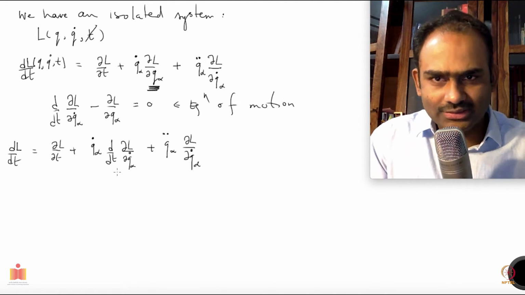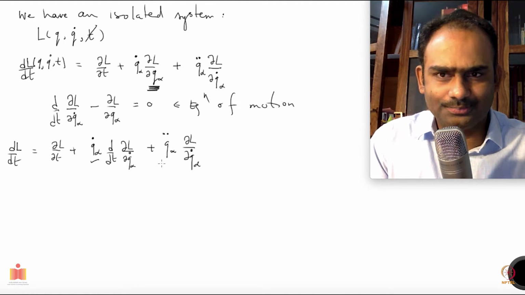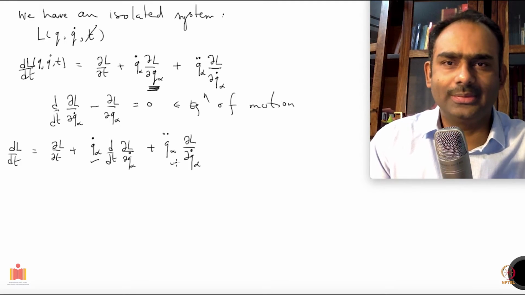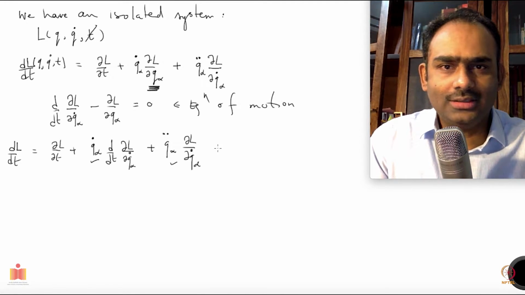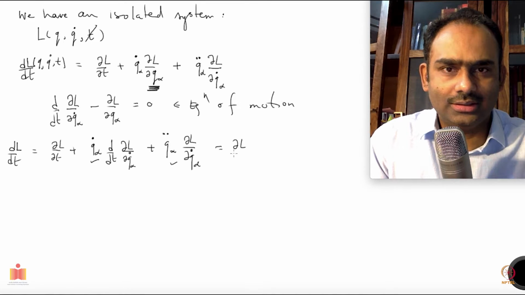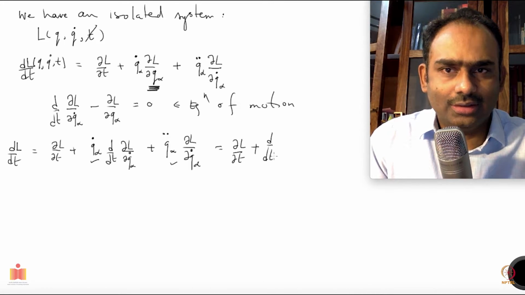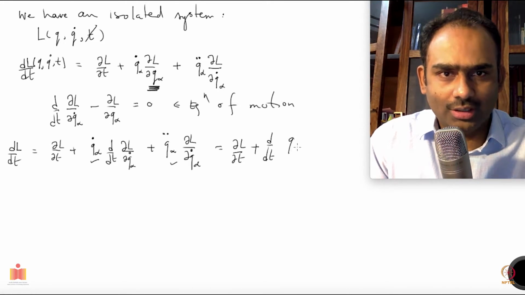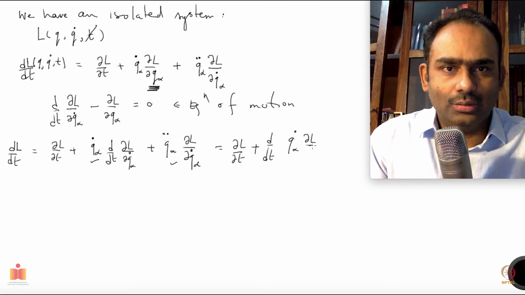I hope you can see that these two terms can be combined together. So I write del over del t of the Lagrangian, the partial derivative, then d over dt of Q alpha dot times del L over del Q alpha dot.